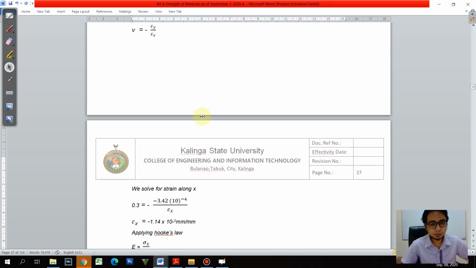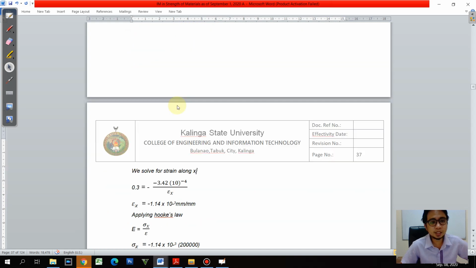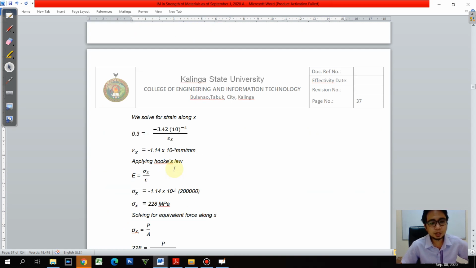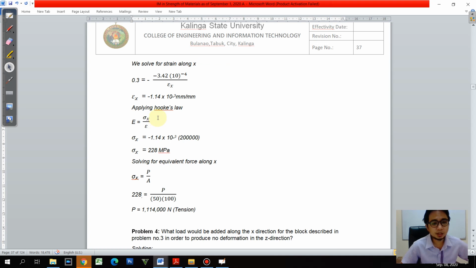So, by direct substitution, the strain at y is negative 3.42, and we will come up with the strain at x of 1.14 times 10 raised to negative 3. Then applying Hooke's law, the modulus of elasticity is stress over strain.